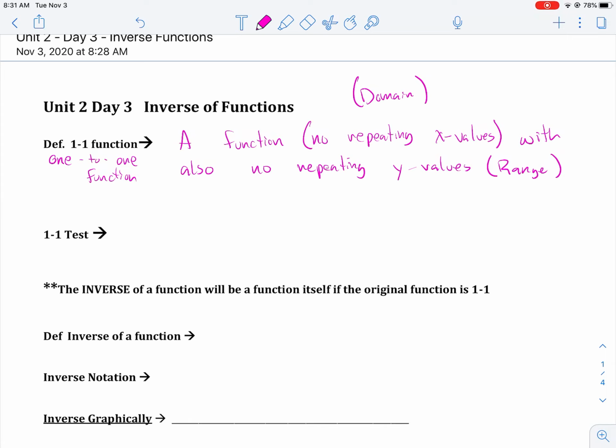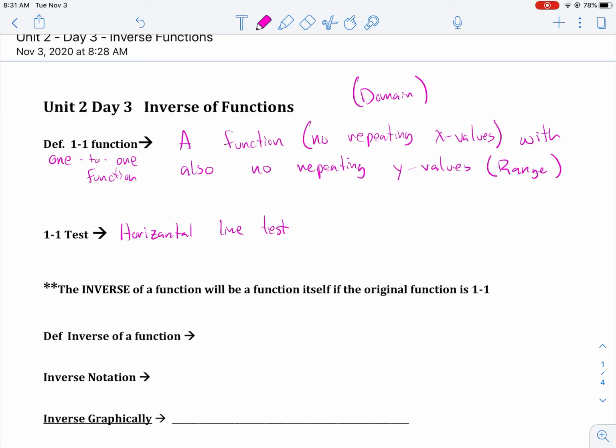How can you tell something is a 1-to-1 function? Instead of the vertical line test, we give it the horizontal line test. Not to be confused with the vertical.